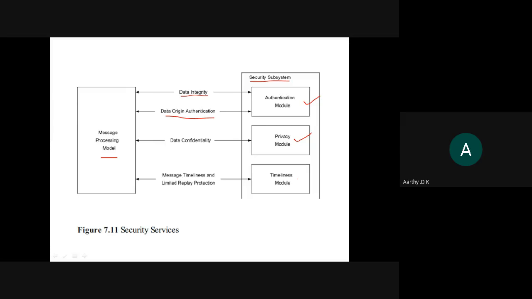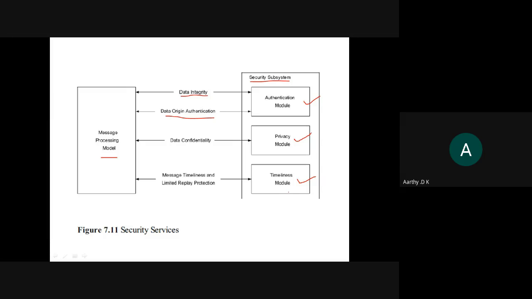And the next one is the timeliness module. What this module will do is set a window timing. You have a particular time in which your message should be transferred. If I'm starting a data transfer at 9 a.m., it will have a window time.